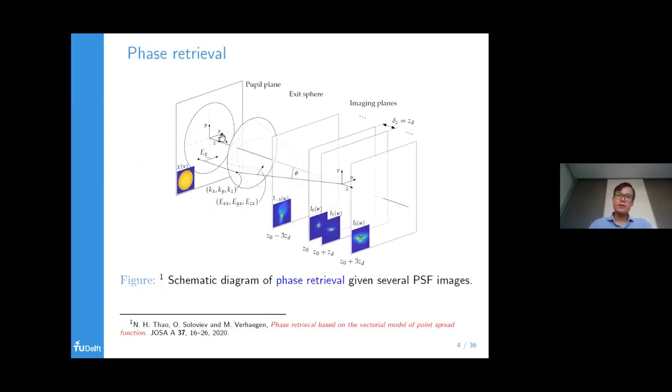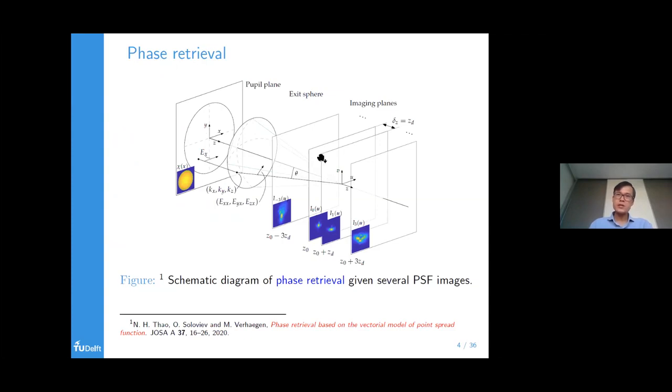In this diagram, I explain in perspective the typical setting of the phase retrieval problem. Consider an imaging system, and this is the exit pupil plane. The light is represented as a complex field propagating in the Z direction.